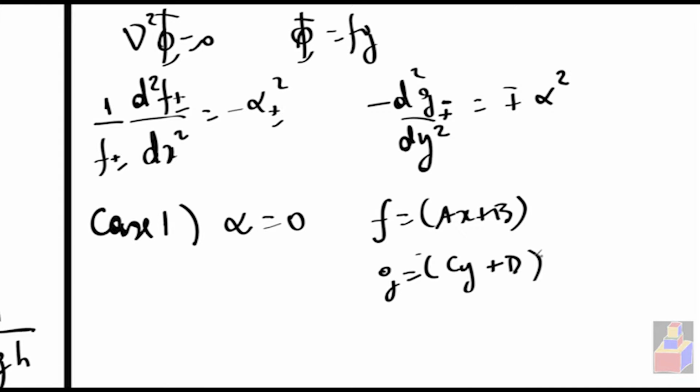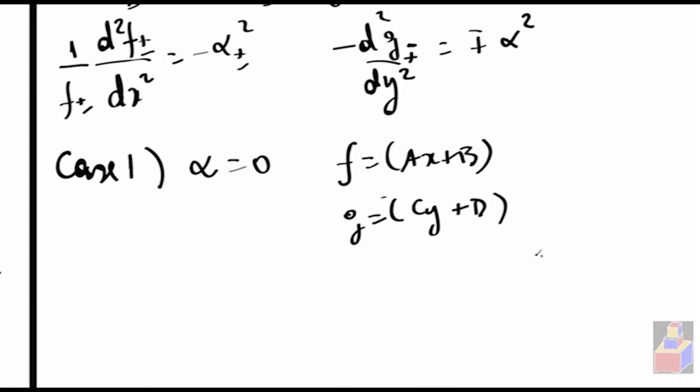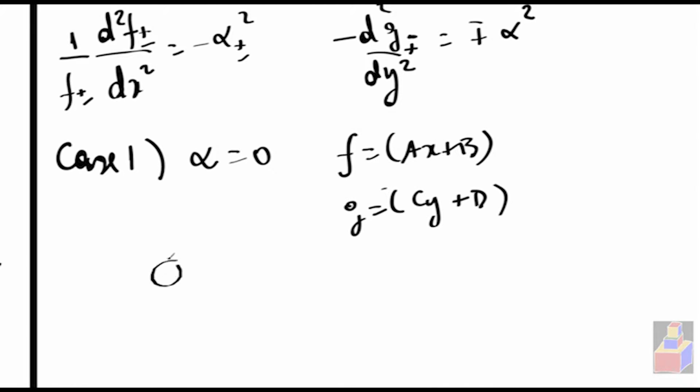We can have that possibility. So the solution of the potential can be something like this: up to second order polynomial, but with a cross term, a plus bx plus cy plus dxy.